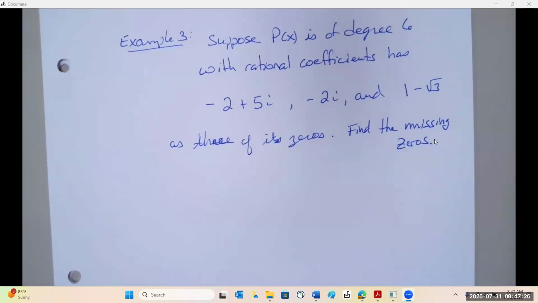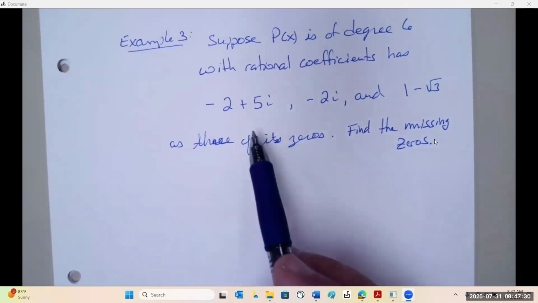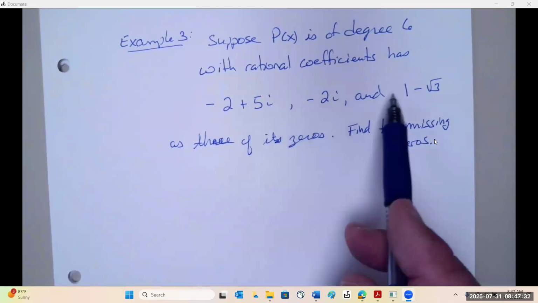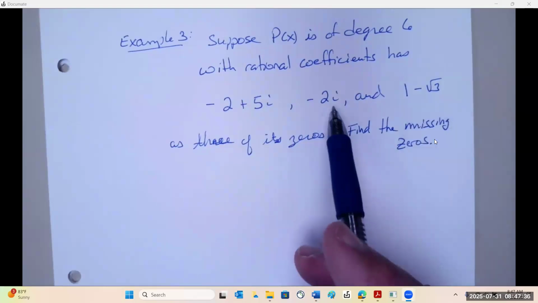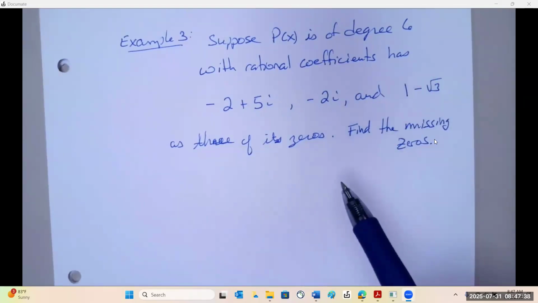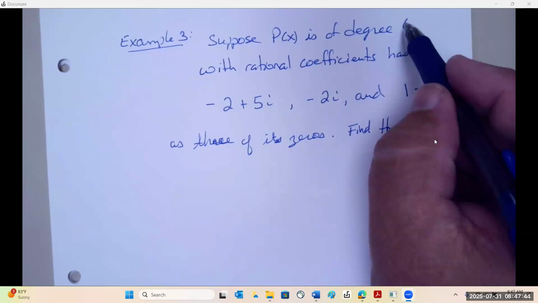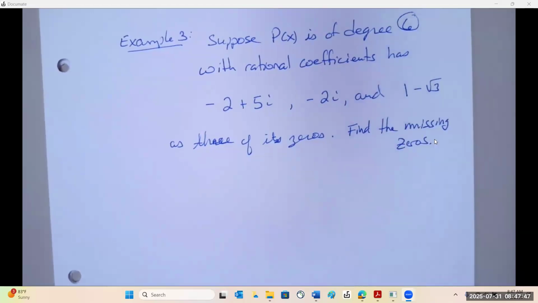All of the clues are in there right here. What do these represent? These represent my zeros. These are my solutions. How many of them am I supposed to have? I'm supposed to have 6 of them, but I only have 3. So which ones are missing?